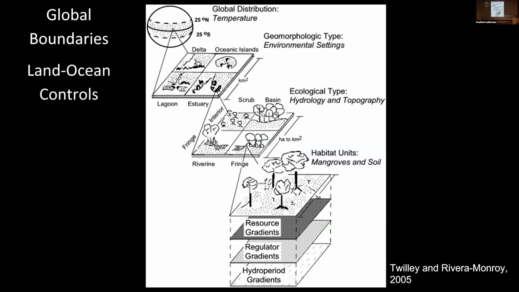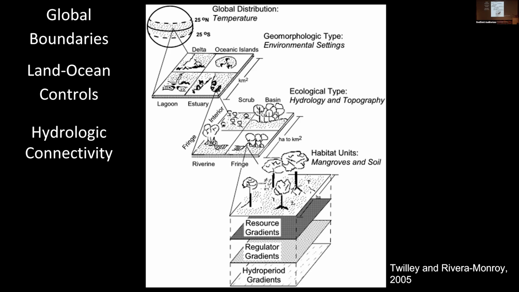We start to look at these land-ocean controls, so looking at, again, these geomorphic classifications, the role of tides, of river discharge, and then we start to look more locally, thinking about how that water is actually connected within these particular systems. So it's the hydrology and topography within that particular region.